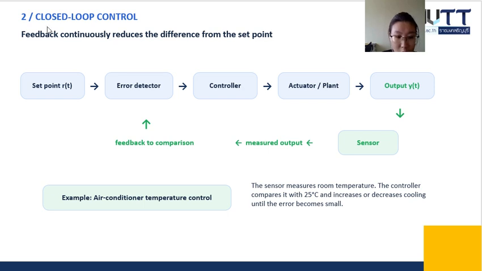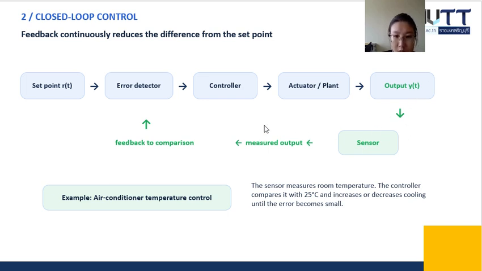But the closed loop control uses feedback. A sensor measures the actual output.